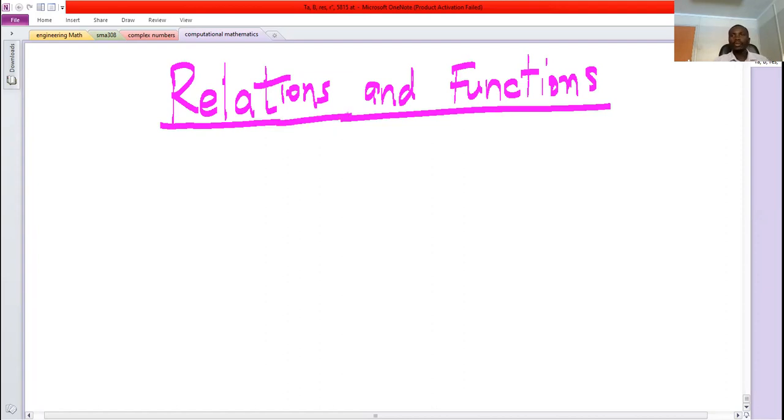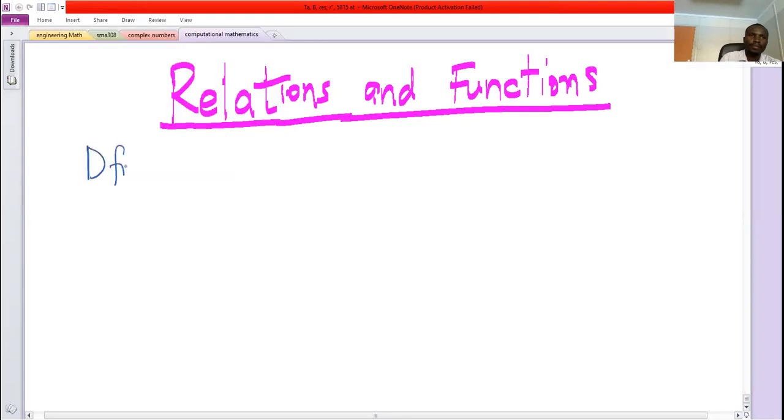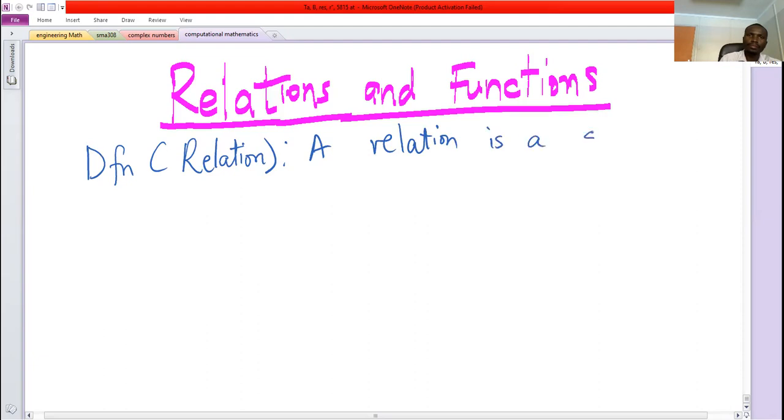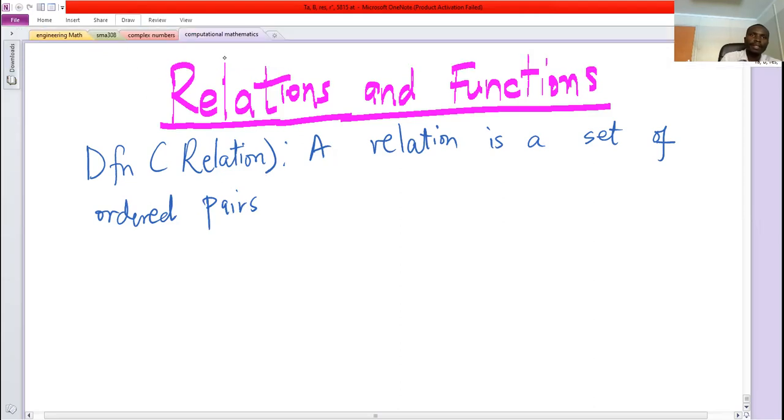So the first thing, we are going to define what we mean by a relation. A relation is a set of ordered pairs.